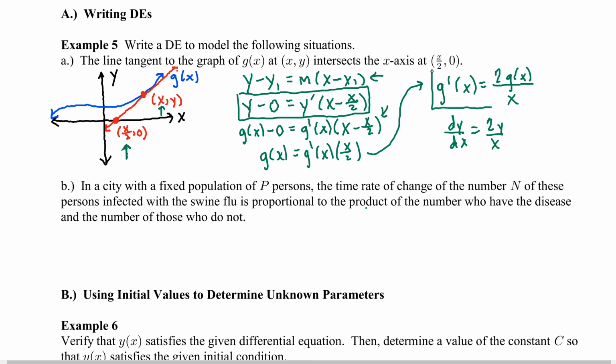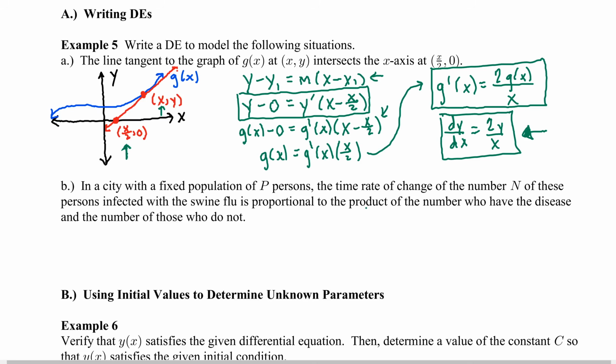Here's what it looks like using the function name g. Here's what it looks like using y and Leibniz notation. All of those differential equations express the same relationship. So this is a model of that tangent line on the graph. Perhaps the best expression is the simplest one. Looks like the Leibniz notation would be the winner here.